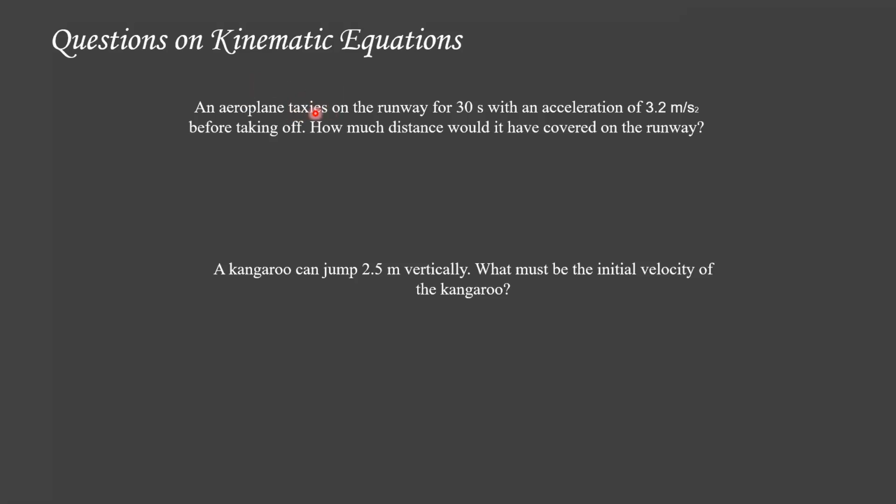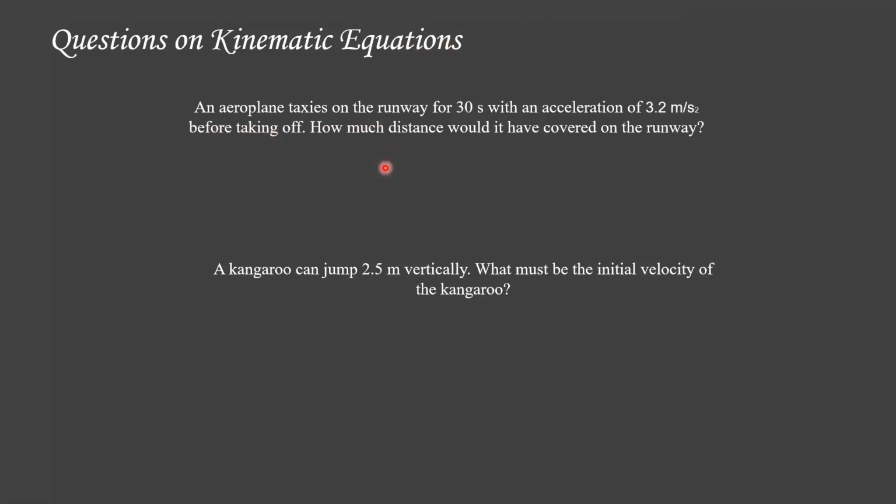So taxiing means nothing but driving the aeroplane, not flying, driving. They take it to the runway on the road, so that process is known as taxiing. For 30 seconds with an acceleration of 3.2 meters per second square. So this is square, but it's not shown right now.